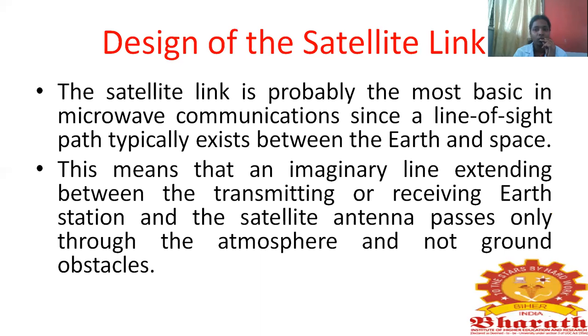The Earth station sends the information to the satellite, which you call space. This means that an imaginary line extending between the transmitting and receiving Earth station and the satellite antenna passes only through the atmosphere and not through ground obstacles.